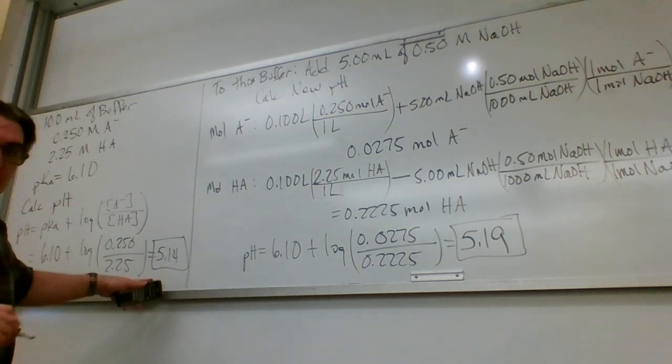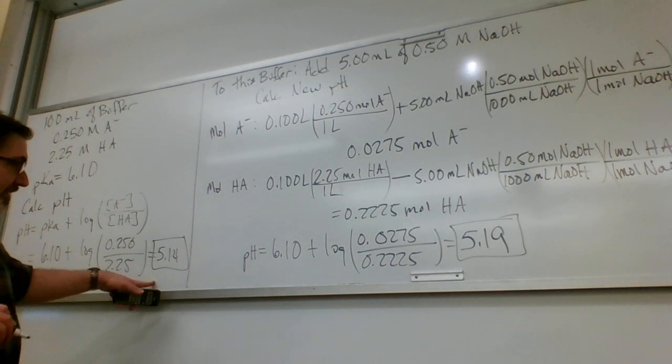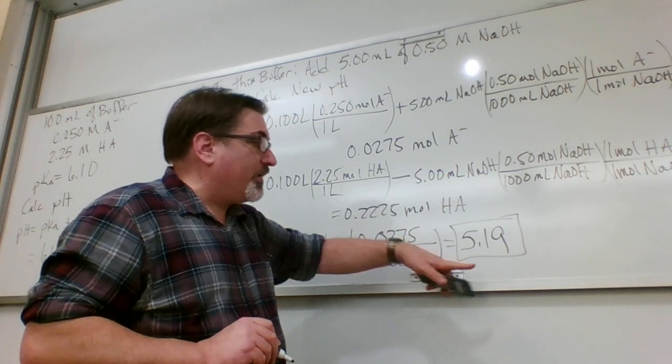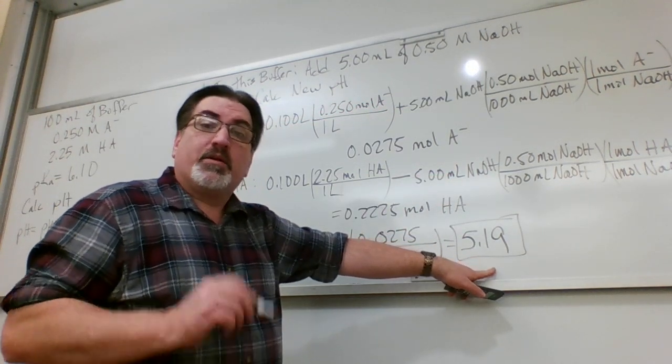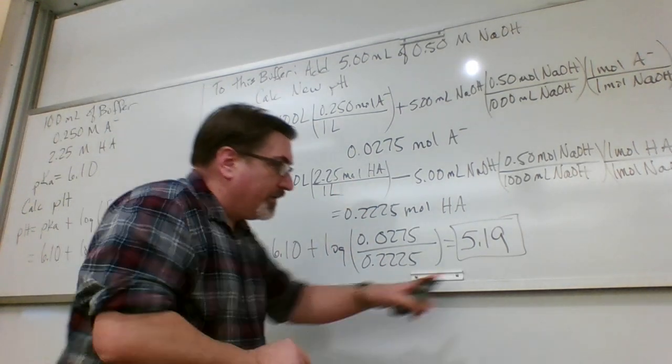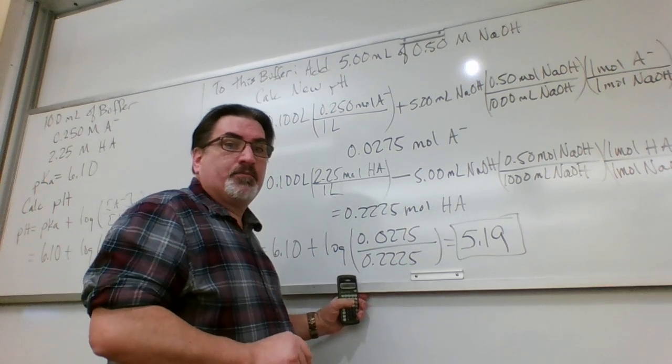So the pH went up just a little bit. The original buffer, 5.14, we had a little bit of base. The concentration of A minus went up, and our pH went up just slightly. So because of the buffer, this pH didn't change very much.